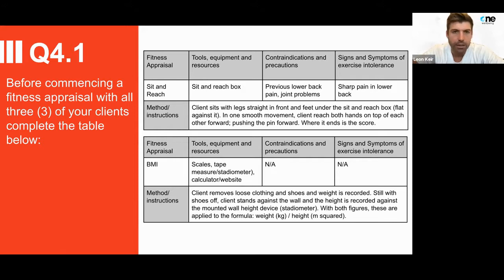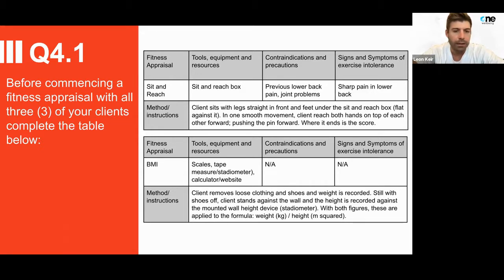So our BMI test, guys, is again a universal test that tests our clients. It uses their height and their weight to give you a score of whether your weight is at a healthy or unhealthy level for your height.